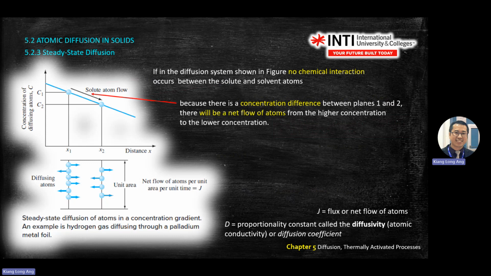If the diffusion system shows no chemical reaction between solute and solvent, we already explained what solute and solvent are. Because there is a concentration difference between plane 1 and plane 2, there will be a net flow of atoms from higher concentration to lower.